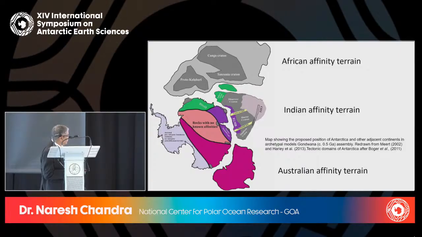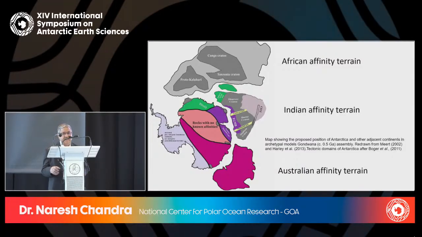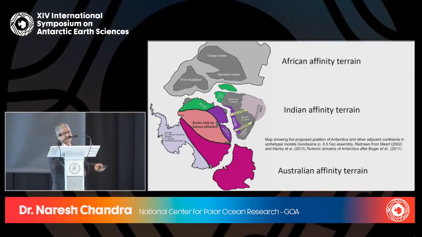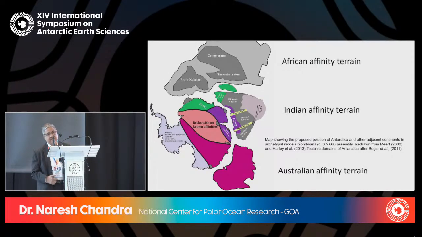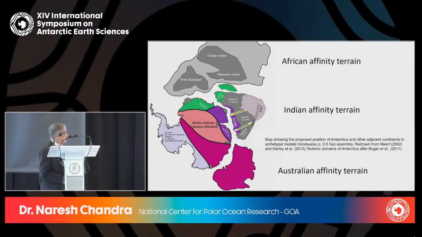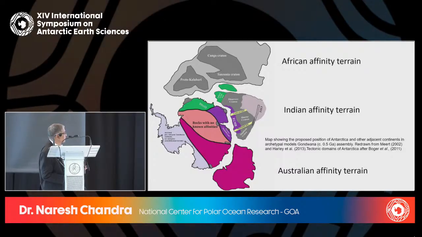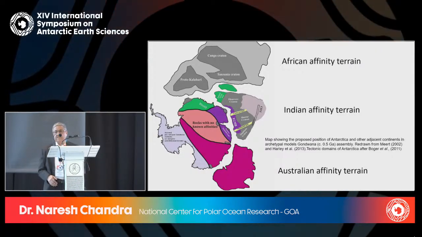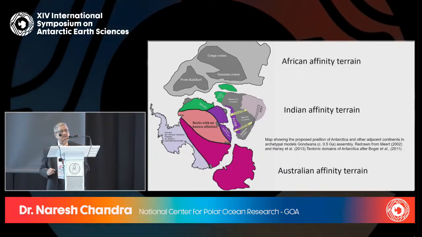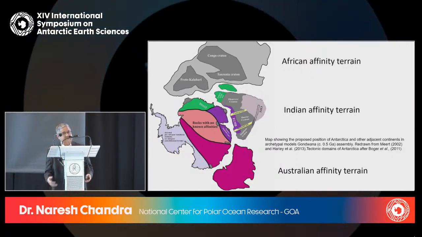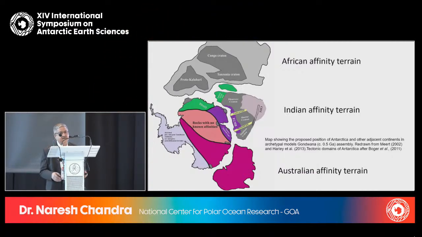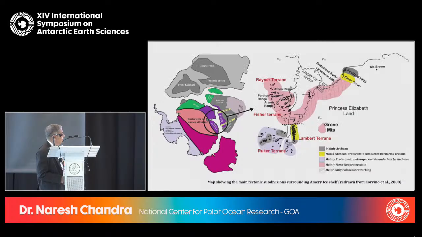However, look at the correlation for the Australian affinity terrain. It is a swath across the continent with very little variability. Even then, there is a significant central part of the continent about which, even in this gross correlation, it says there are rocks with no known affinities.